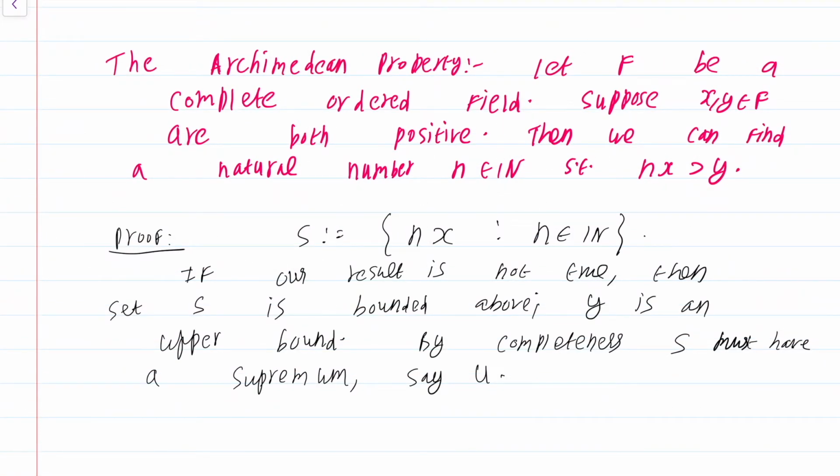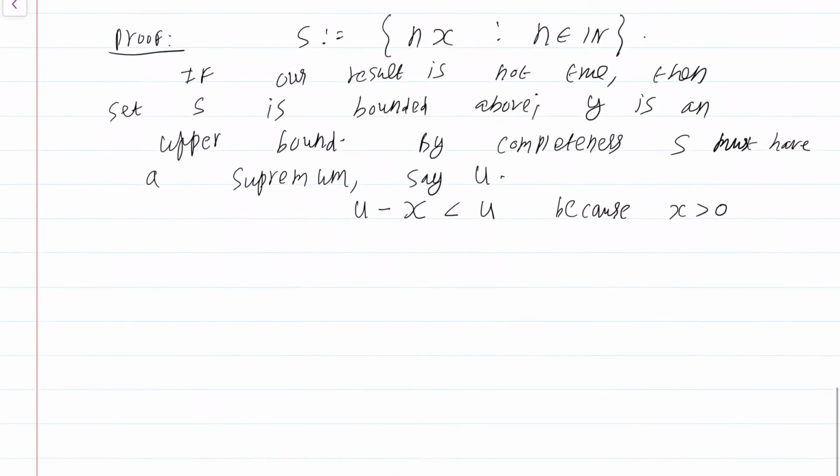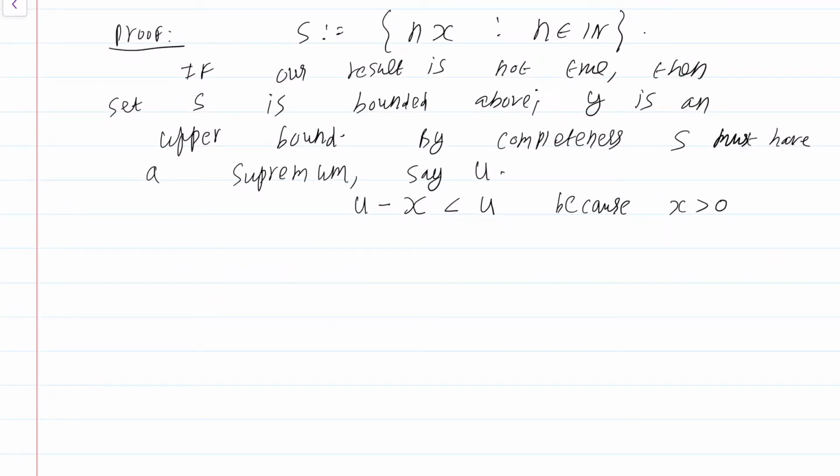Now you have u minus x is less than u. Why is this the case? Because x is greater than 0. But by the second property of supremum, and since u is the supremum, we can find s in S such that u minus x is less than s is less than or equal to u.